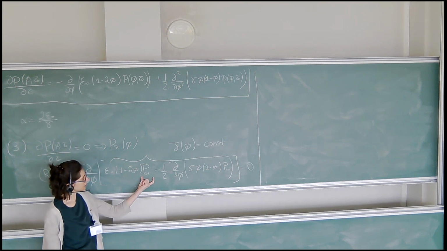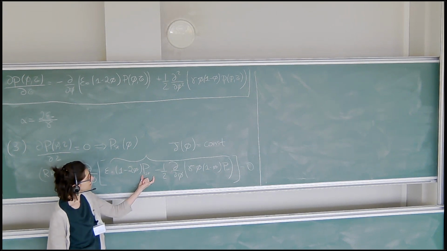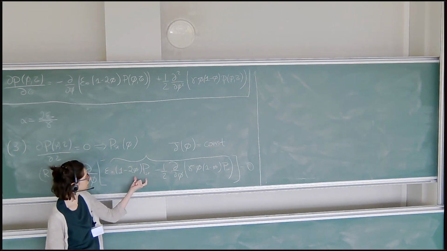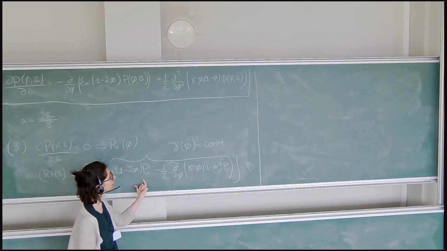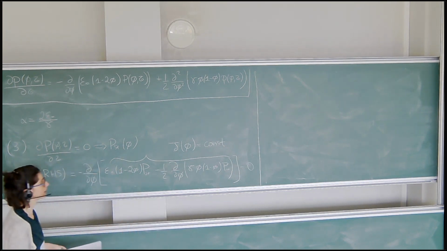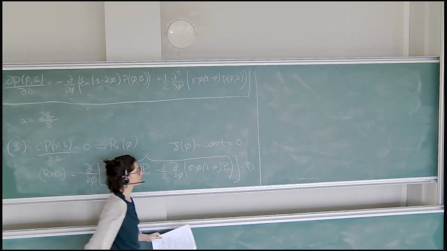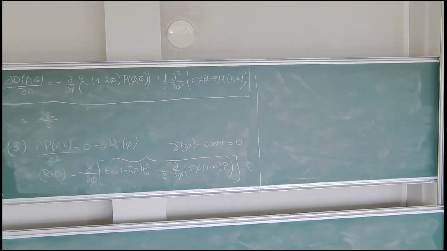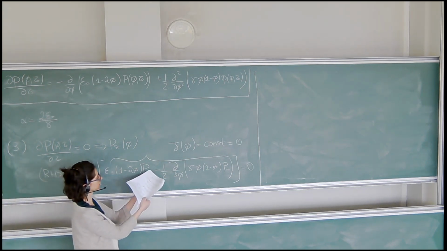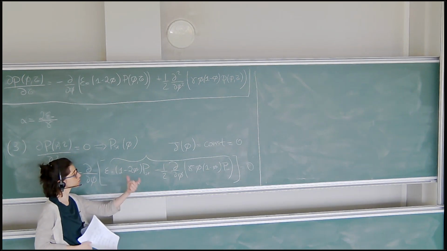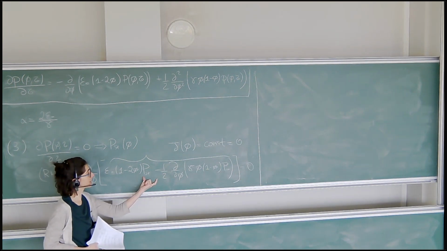You have the p in here, and you don't want a dependence on phi, so you can argue that you should choose this constant j to be itself equal to 0. The reason is that if this was not the case, you would get a distribution that is not normalizable.